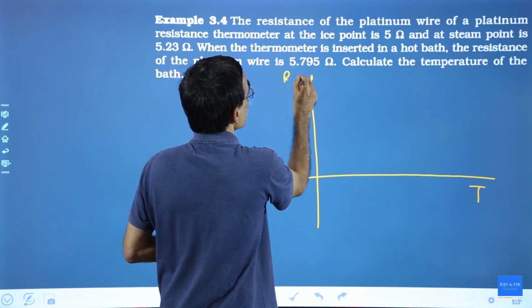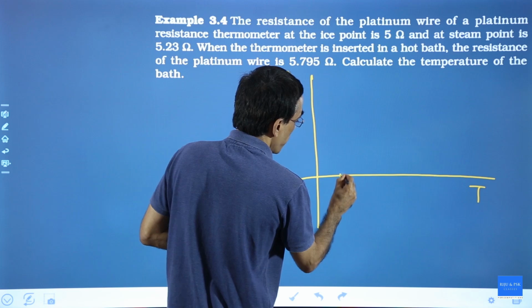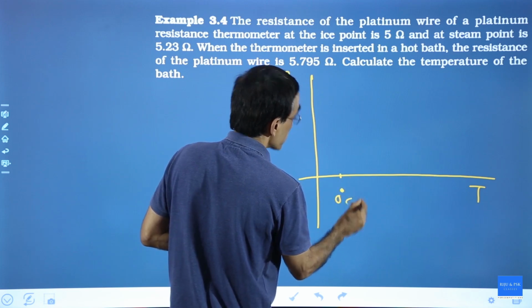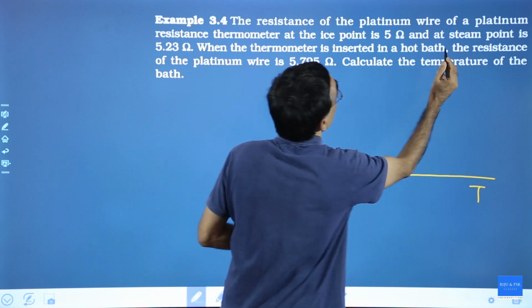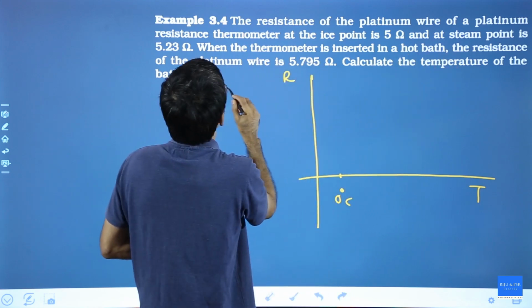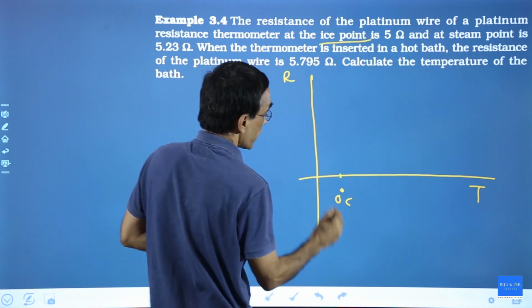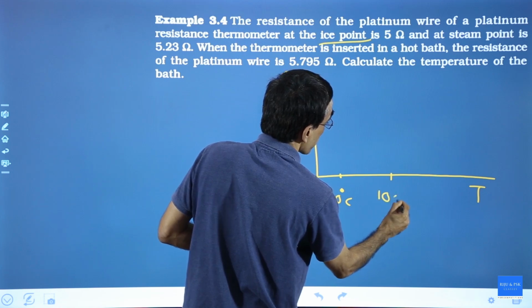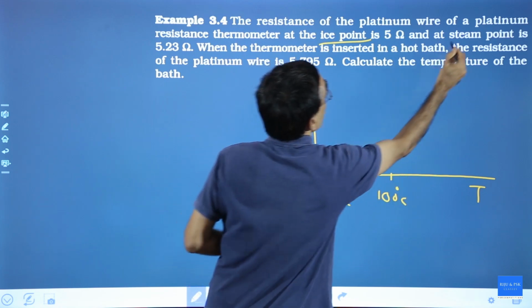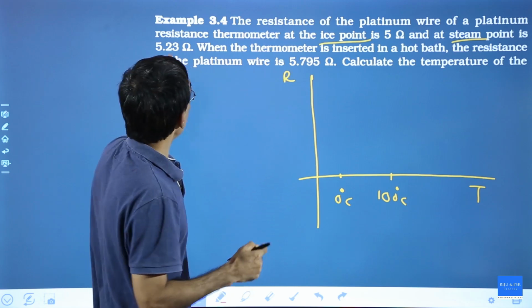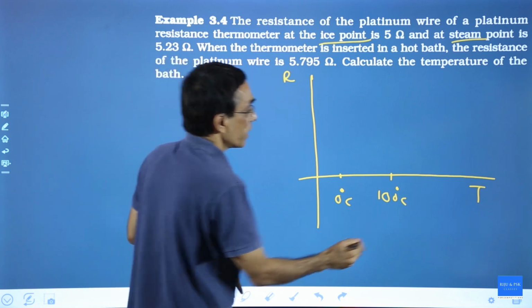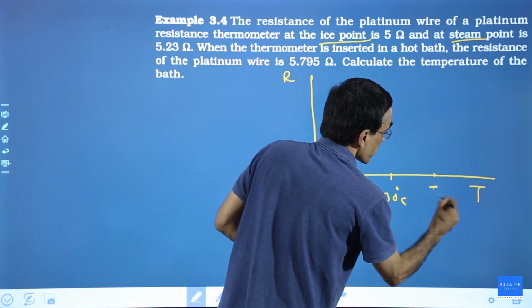Here we take a resistance R. Let us say this point represents 0 degrees Celsius, which is your ice point, and say this is 100 degrees Celsius, which is the steam point, and since the resistance is more than at the steam point, I would say the new temperature is somewhere here, T.